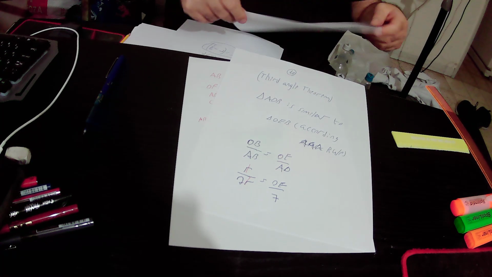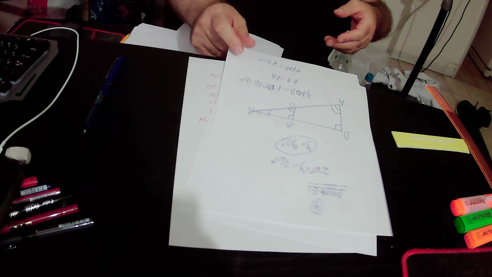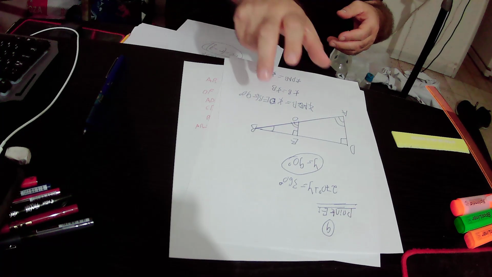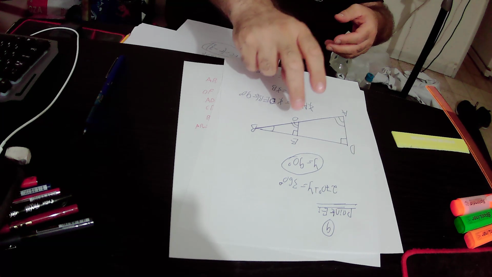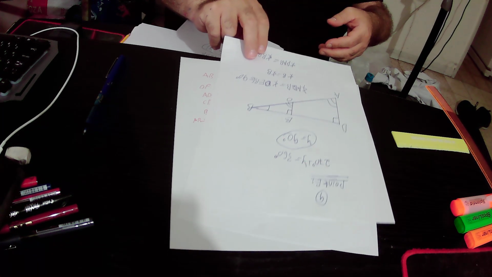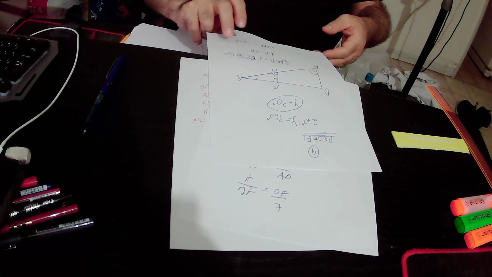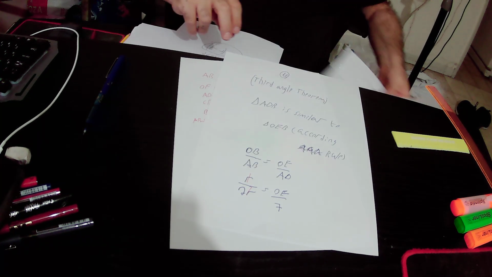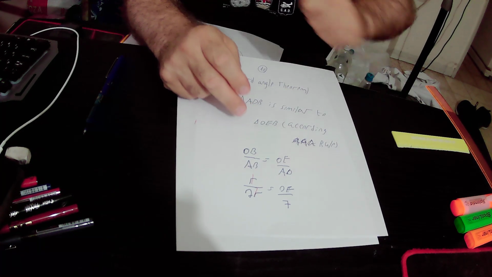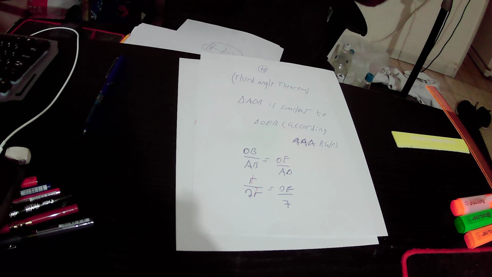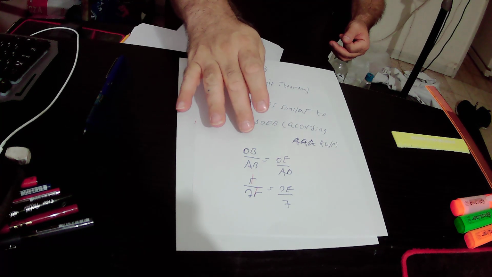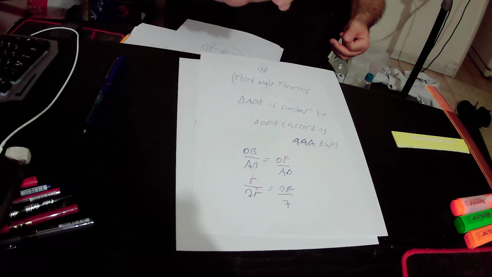According to the rule, OB over AB equals OE over AD. Okay? Again, OB over AB equals OE over AD. Because those two triangles are similar to each other, this relationship exists between the sides of those two triangles.